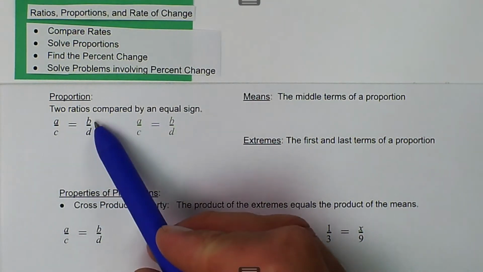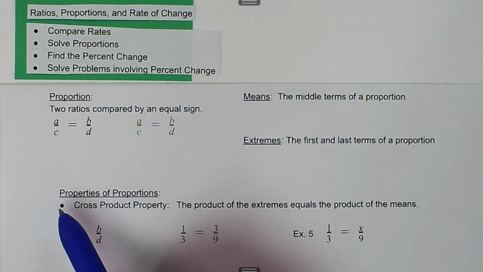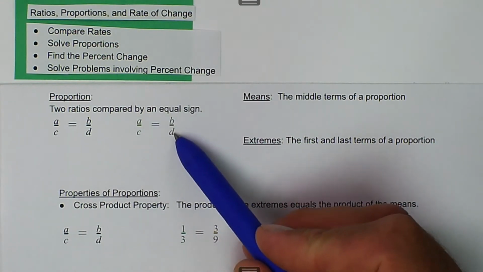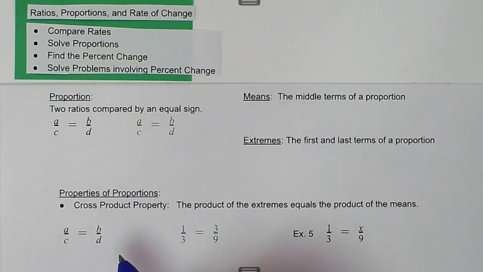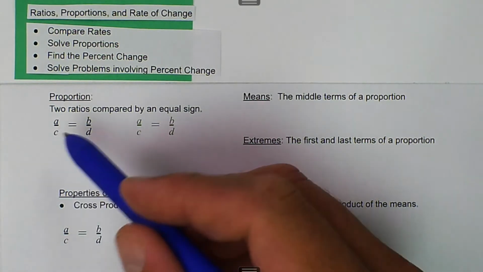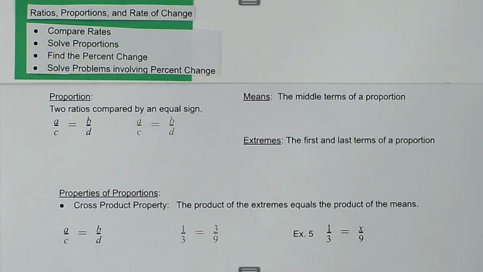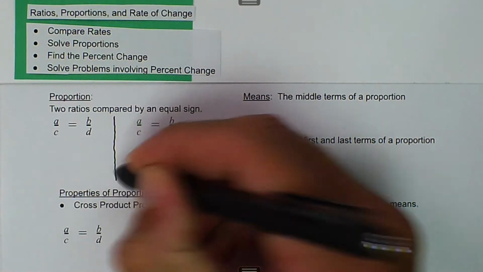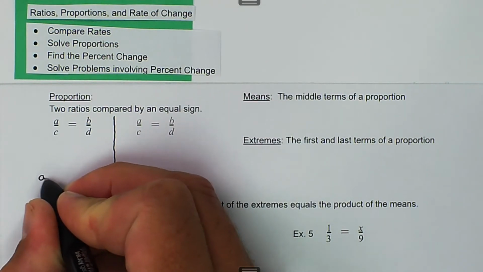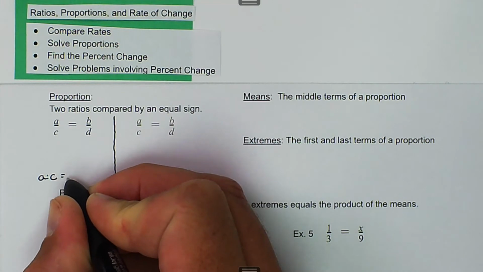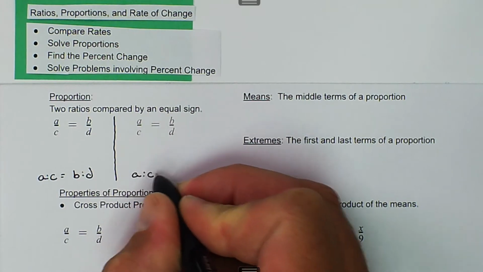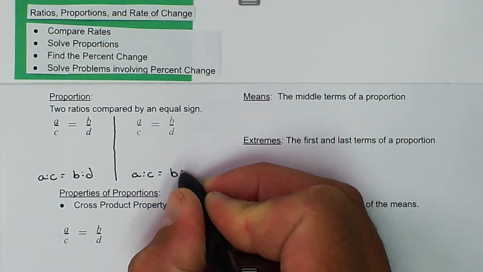So we're saying A over C is equal to B over D. We can also write this in a different version: A to C is equal to B to D.